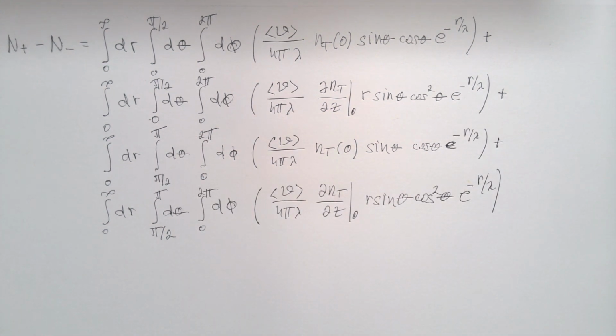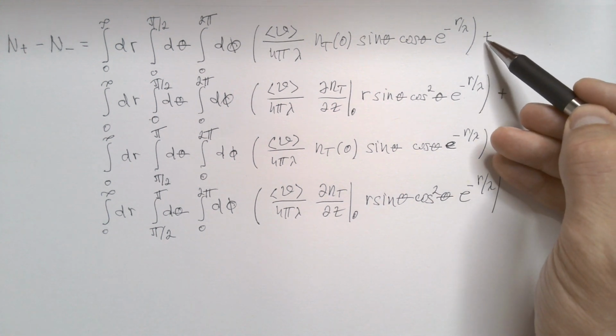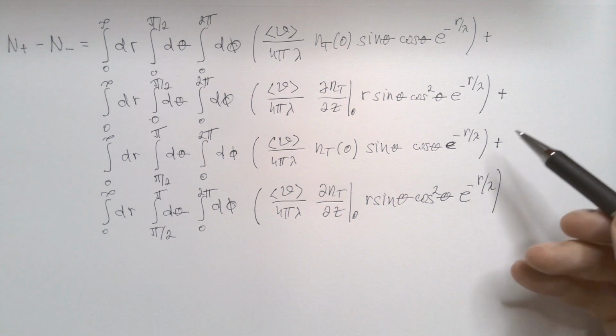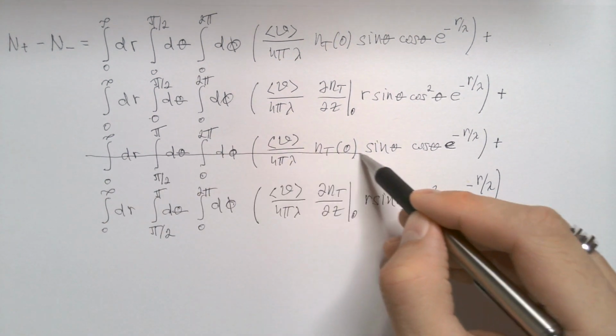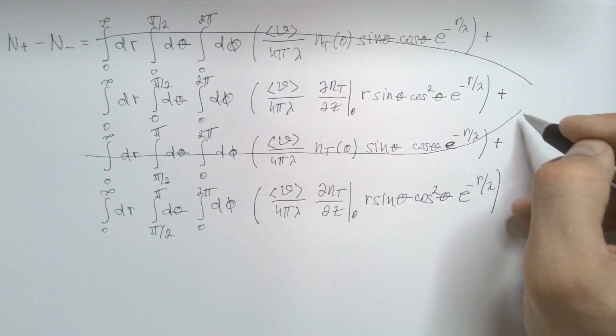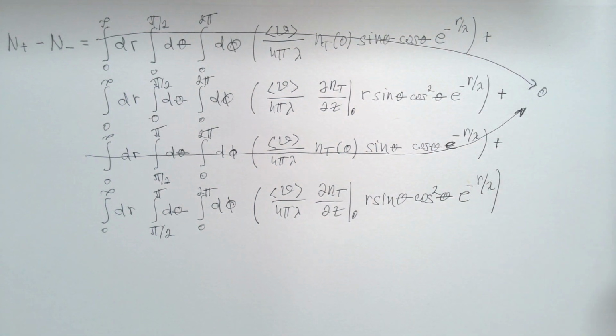Now the beauty is that the first term and the third term, when combined, will give me 0. So I can write something like this. These two give 0. Why is that the case?